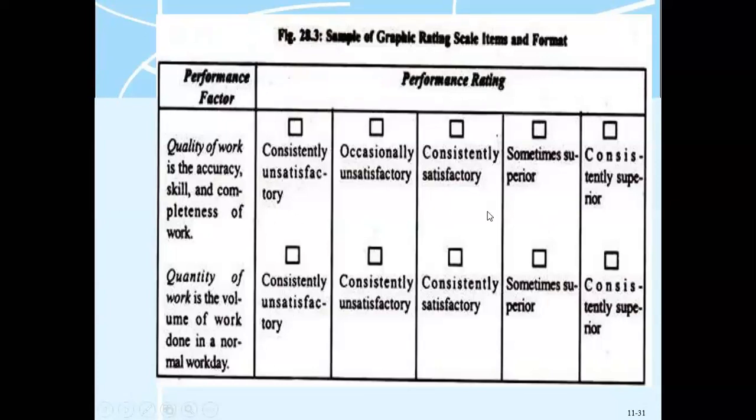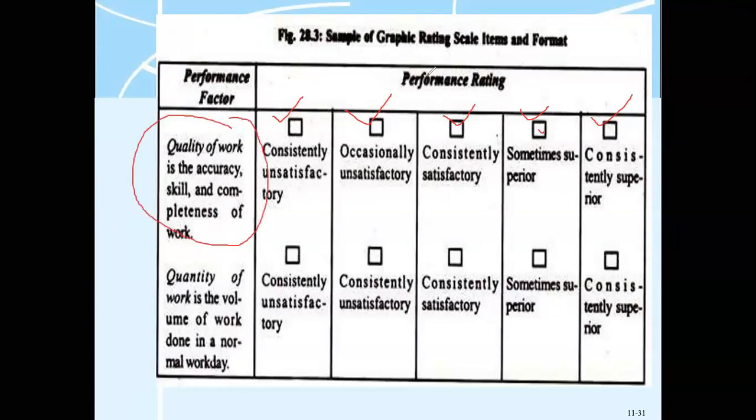So here they have prepared a 5-point scale, where you have to choose one on the basis of a particular point, right? So for quality of work, whether it is accurate or not, this point is based on the accuracy, skill, and completeness of the work.